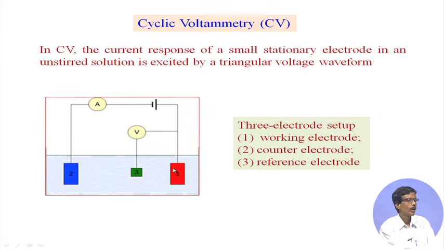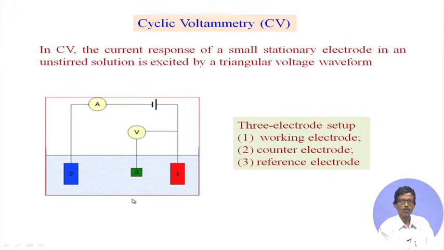Then the third one is your reference electrode. The reference electrode and the working electrode are measuring your potential, and the counter electrode is also connected to your working electrode. So this is one circuit and this is another circuit, and this is your solution. Within the solution you dip 1, 2 and 3.